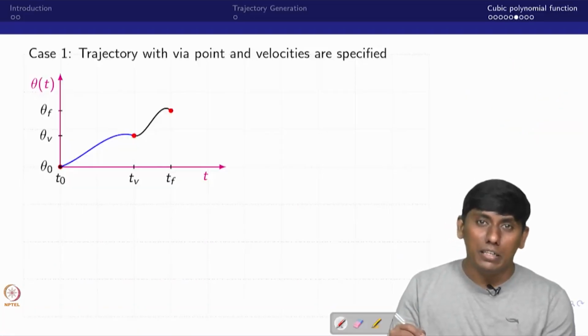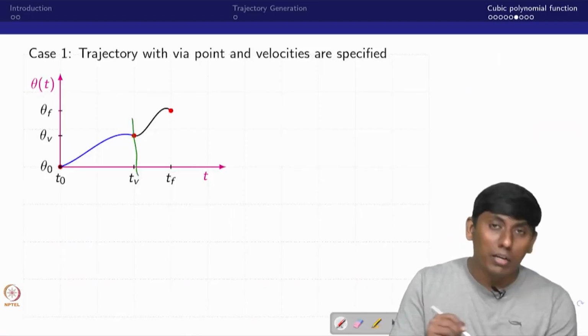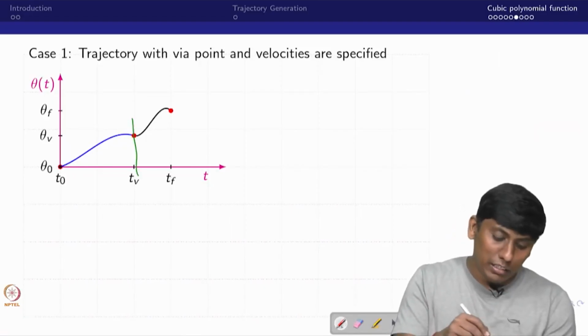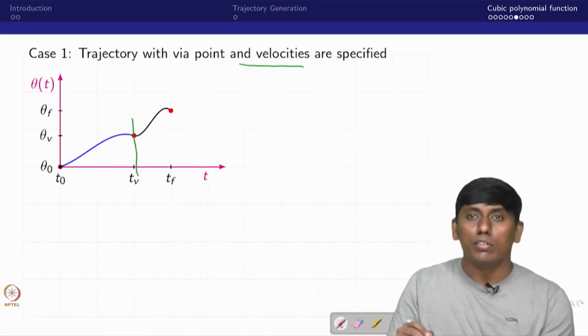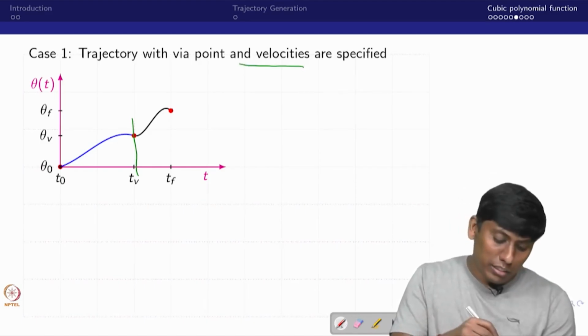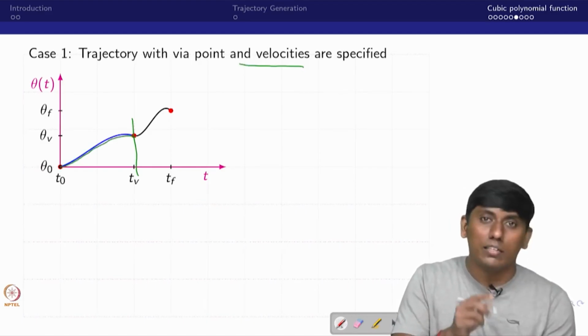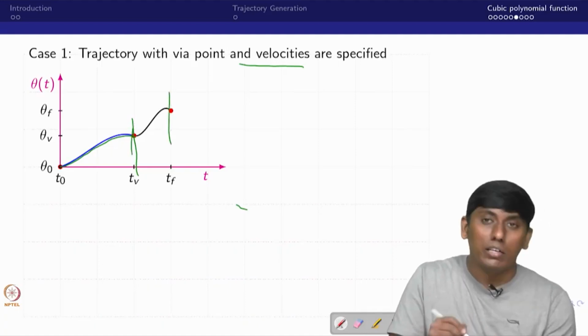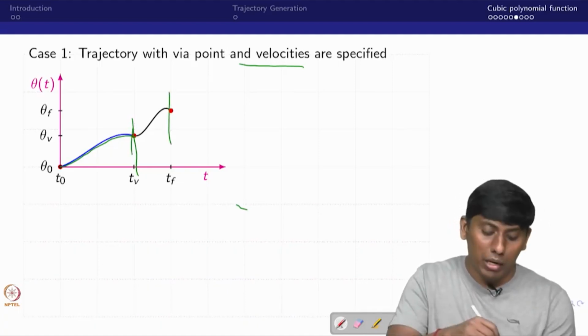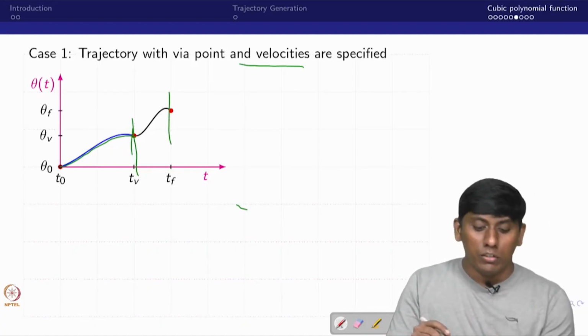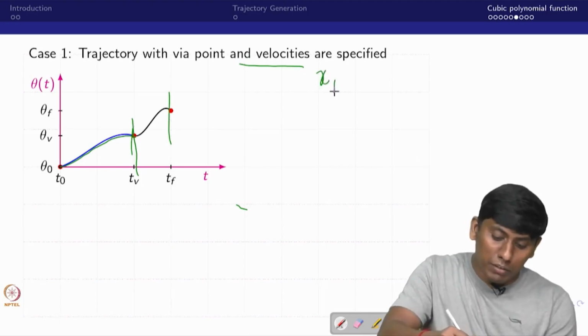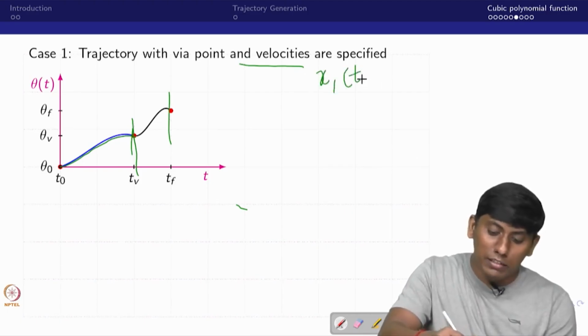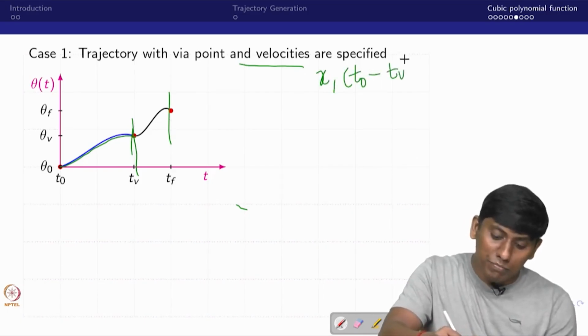So in that sense we take the via point segment. You can see we take the first one with the velocity specified. Then this is solved as an independent cubic polynomial, and then another independent cubic polynomial is solved, and you can use it. So you have the first set of equations, T0 to TV, and the second segment is TV to TF.